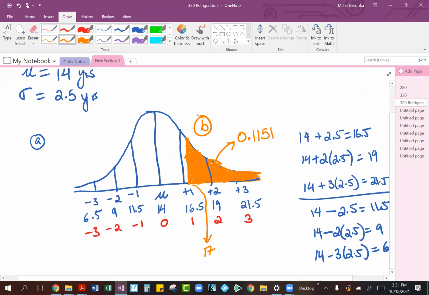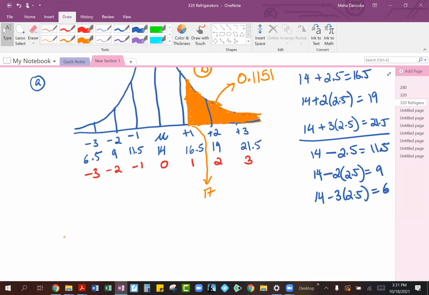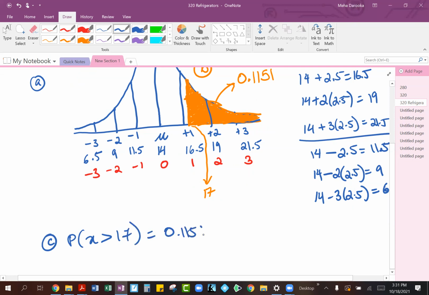So, shading this was part B. And then for part C, we can say, the probability that your refrigerator will last more than 17 years is 0.1151. So we can look at this as a probability.